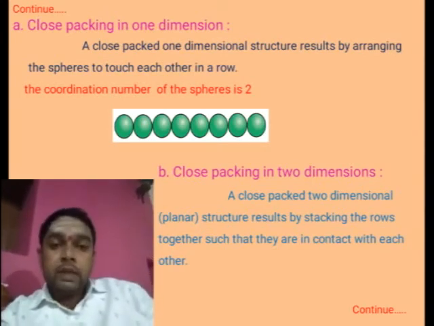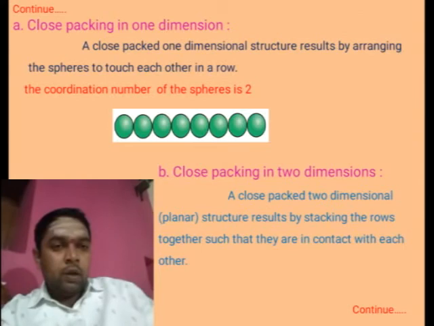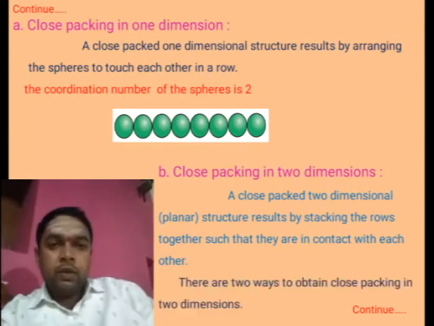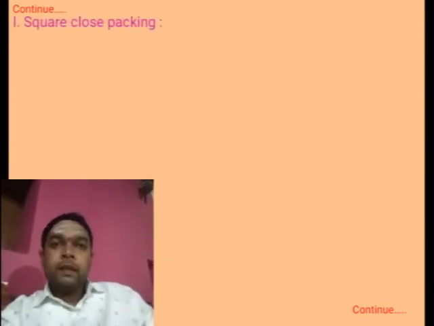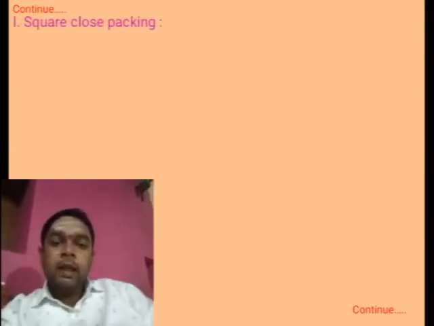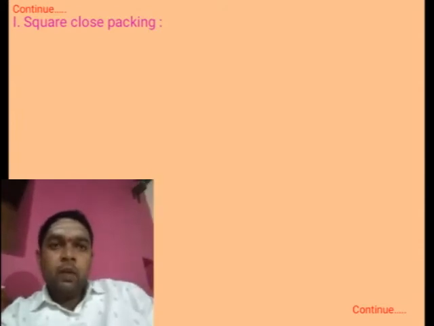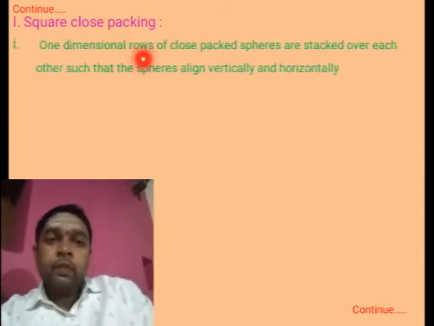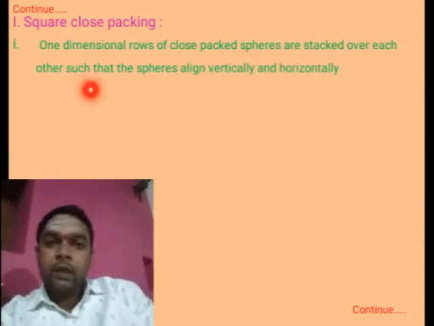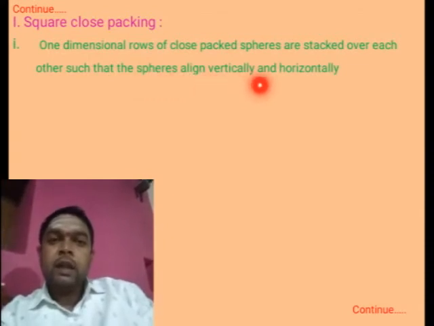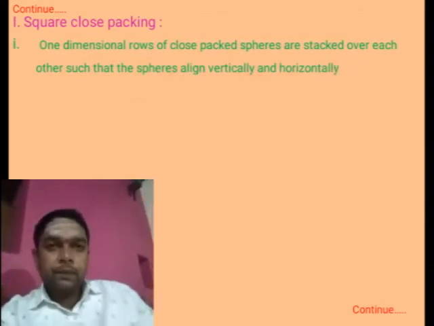There are two ways of this contact of the spheres with each other. The first is square close packing. In this square close packing, one-dimensional rows of close packed spheres are stacked over each other such that the spheres align vertically and horizontally.